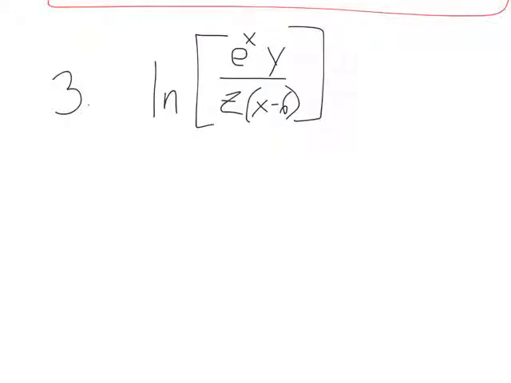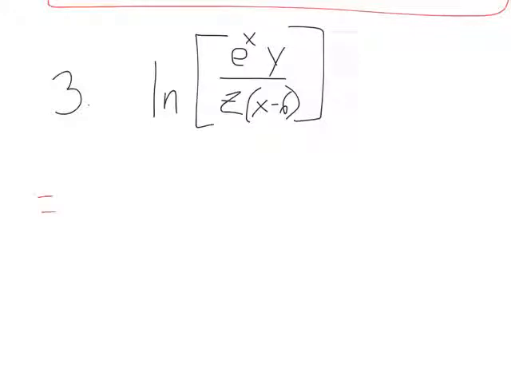So when we break it up with the quotient and product rule, we'll have 1 positive natural log here, 1 positive natural log there, 1 negative natural log, and another negative natural log. It's almost like you're distributing the natural log. You're really not, but it kind of feels that way. And as you distribute, what you're doing is you're turning numerators into positive logarithms and then negative logarithms from the denominator. So let's see what we get here.